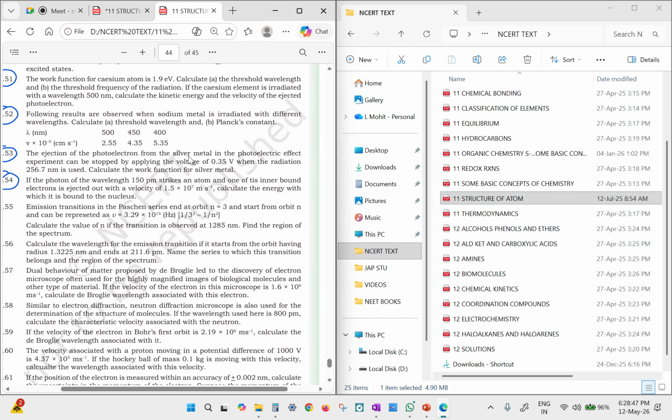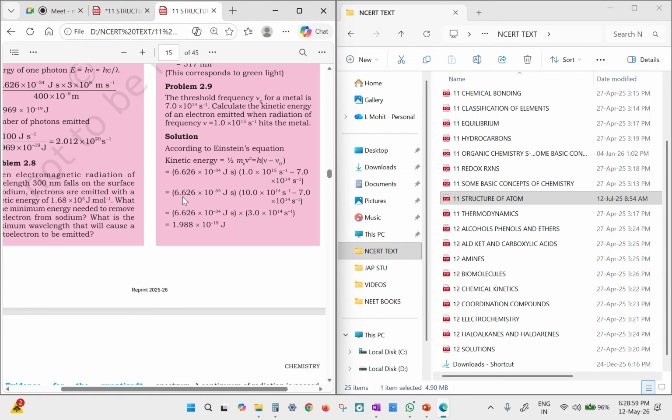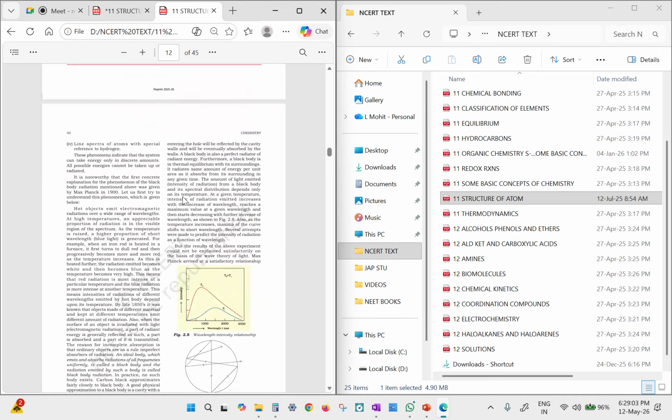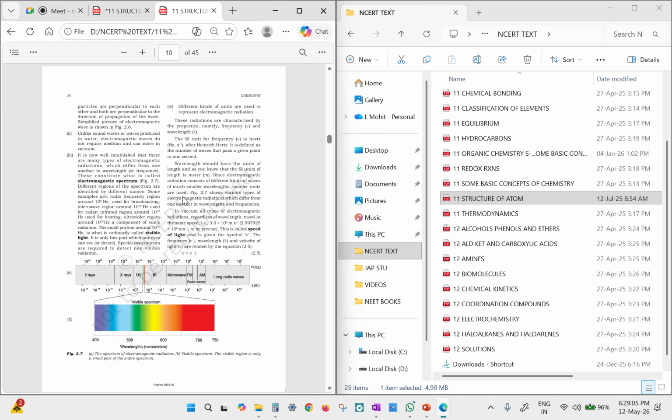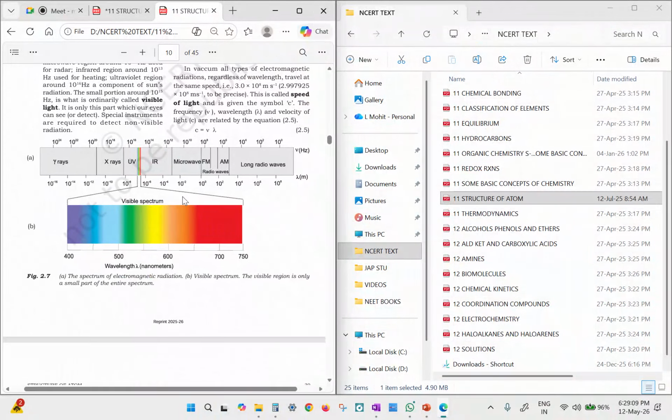So we can quickly refer to it, 1285 nanometer, and we can tell which part. So in the exam, we're supposed to know. They won't ask you to memorize, okay?